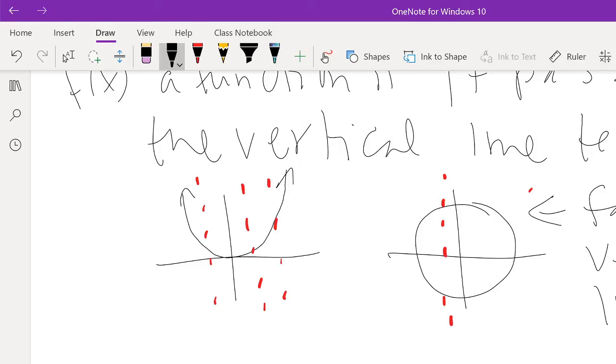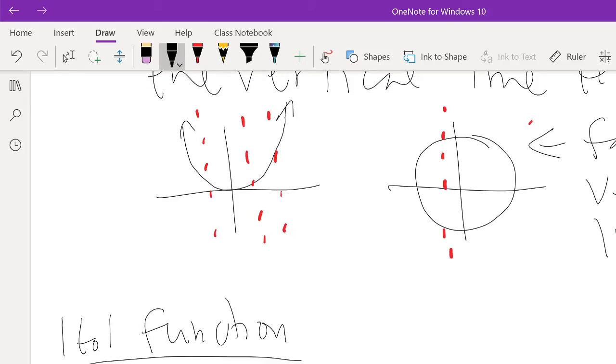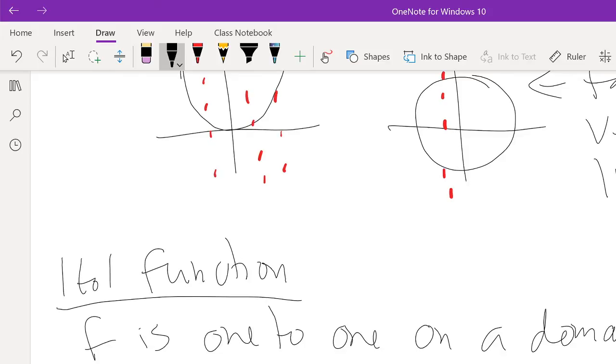So f is one-to-one on a domain D if each value of f of x corresponds to exactly one value of x in D.